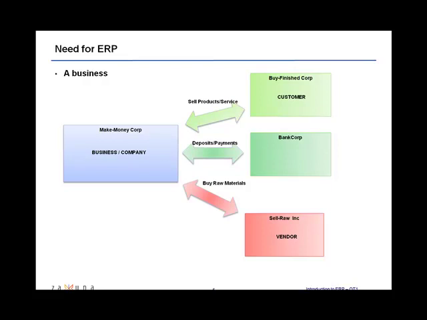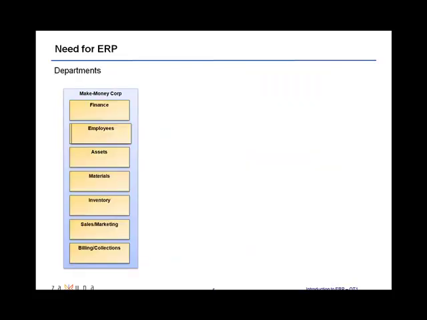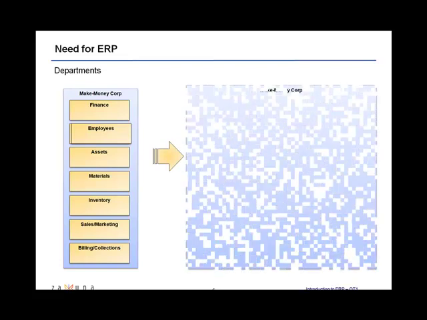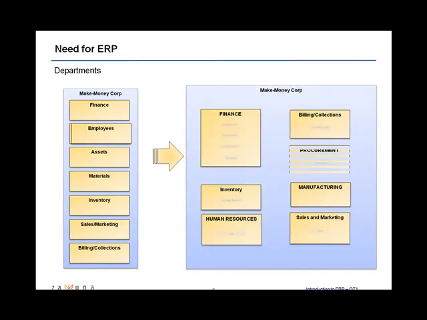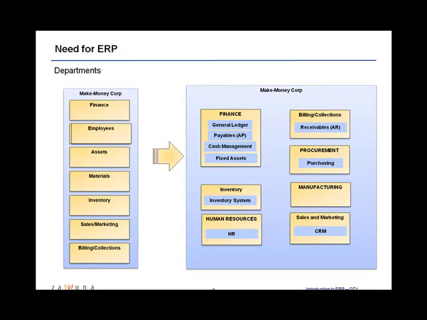Now if you take that a step further and look at the company from its department standpoint, the company is made up of these different departments, with each department having its own set of functionality on how to handle those individual tasks.